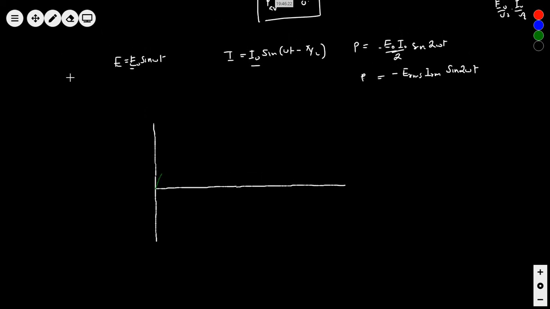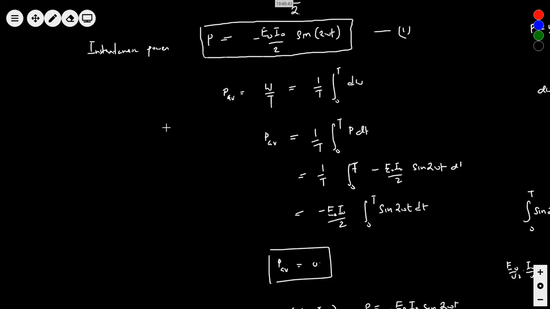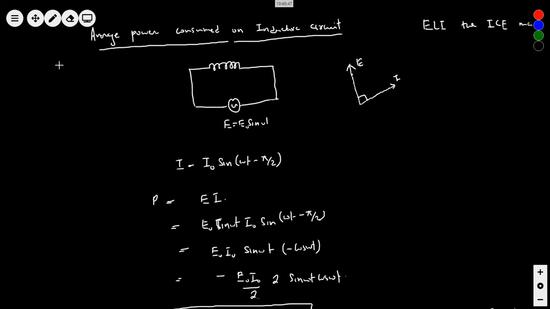In case of the inductor, look at this case. This is an inductor. We are forgetting one phenomenon here.